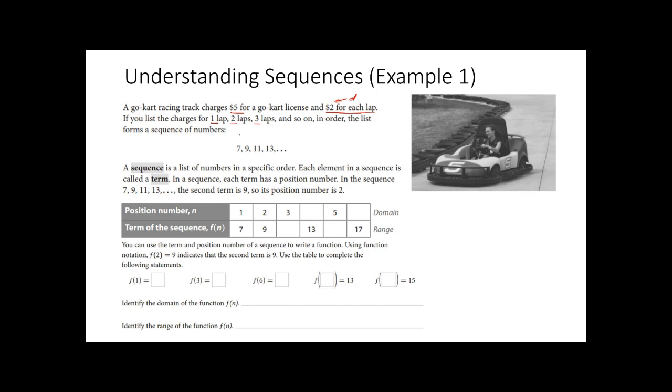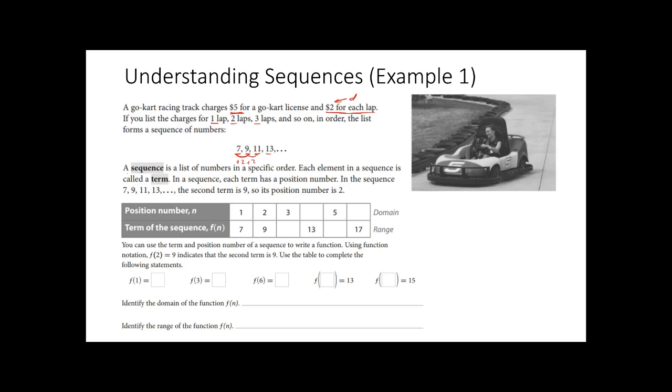If you were to drive, you would have $5 for your license plus $2 for your first lap, so your first lap costs $7. Second lap, $9. Third lap, 11, and 13, and so on. This is our sequence. Just like the previous informal example, we're going up by 2's. That's something to notice right away.